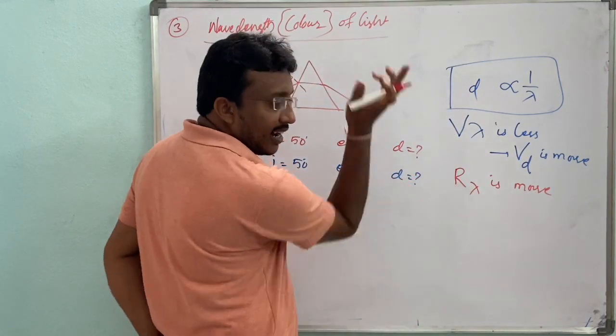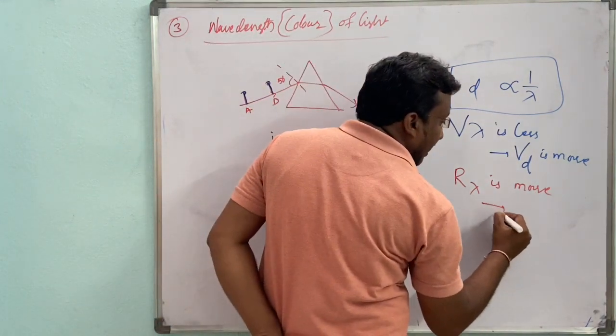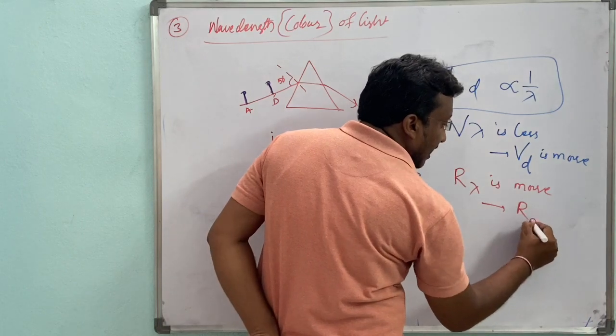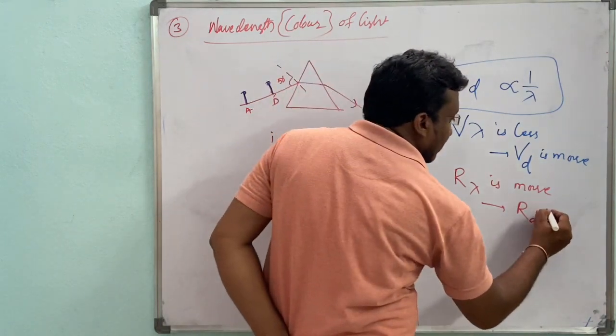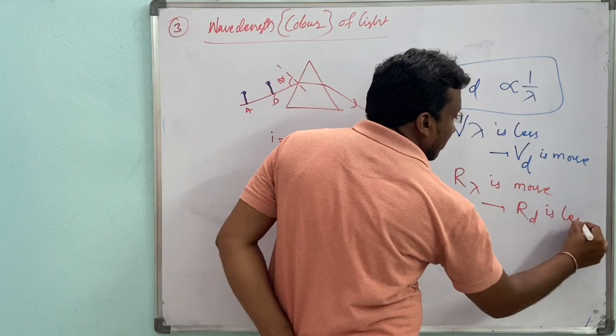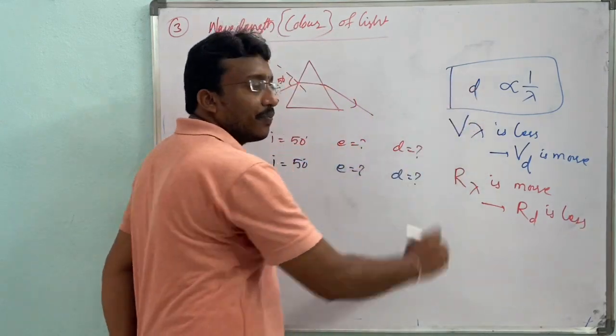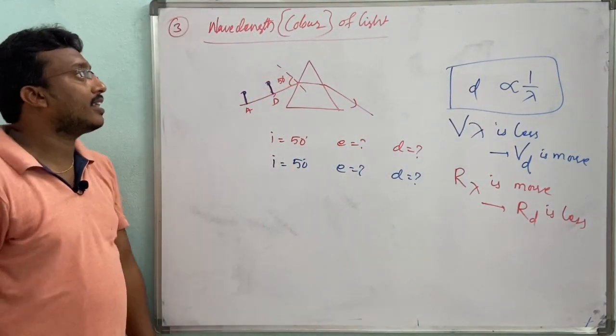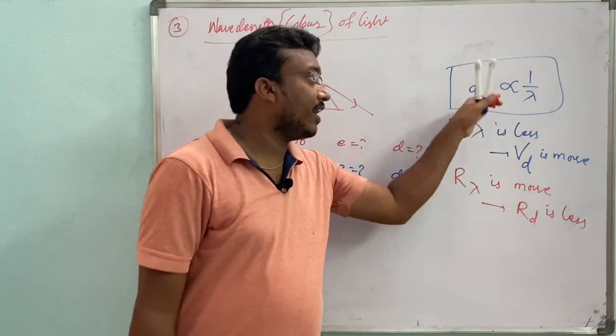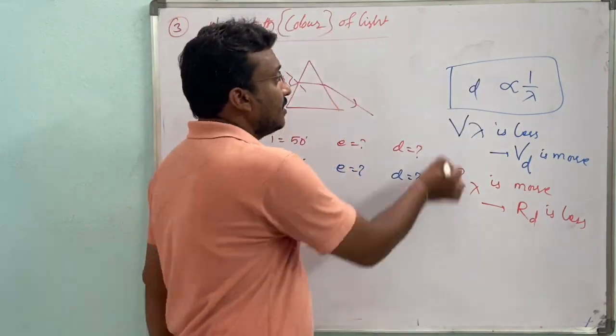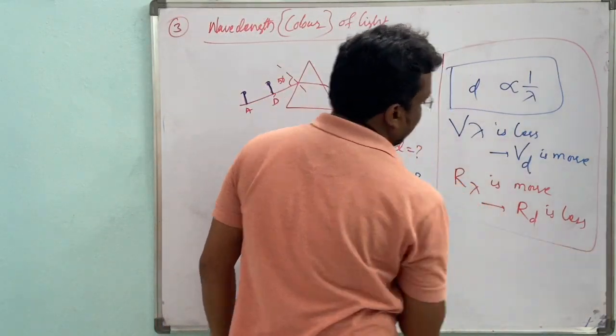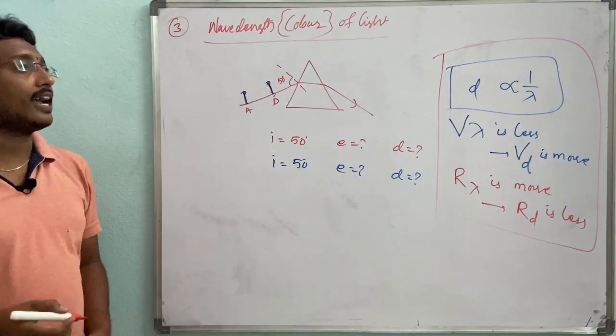Wavelength of red color is more, so red color's angle of deviation is less. Like this, wavelength also affects the angle of deviation. These are important observations and conclusions from that activity.